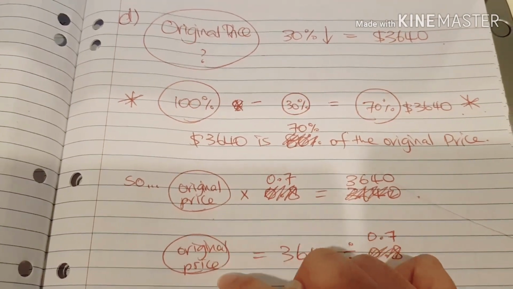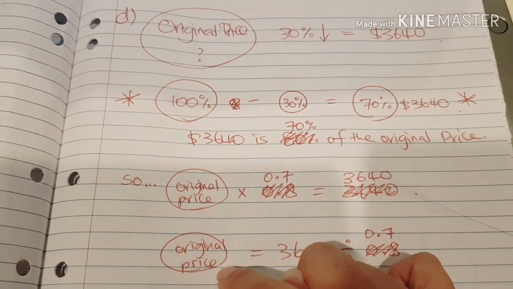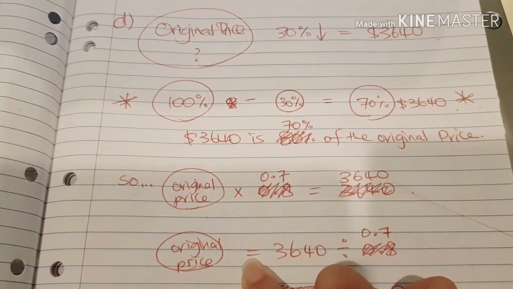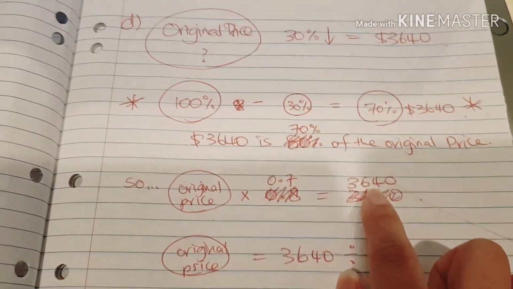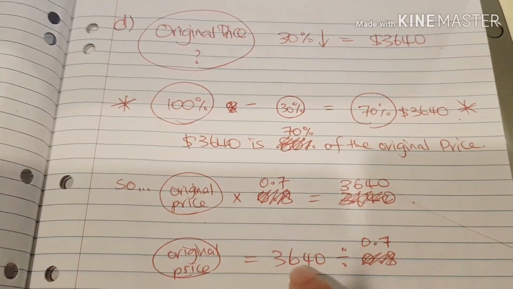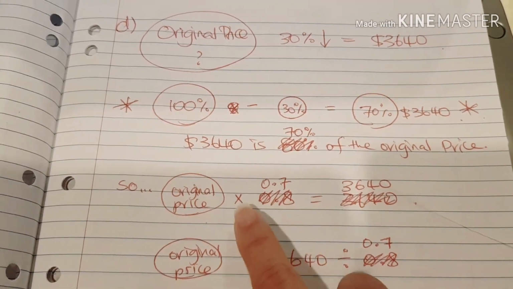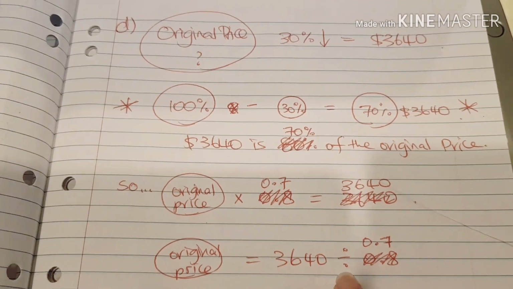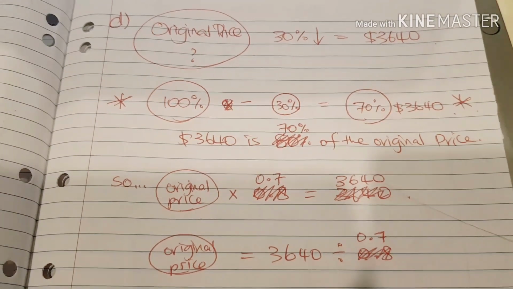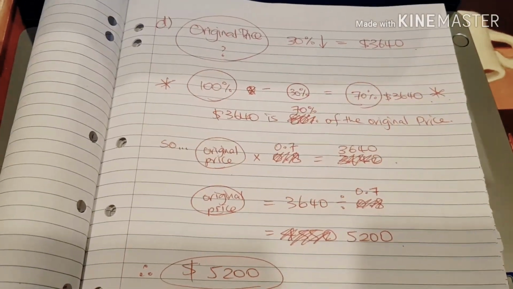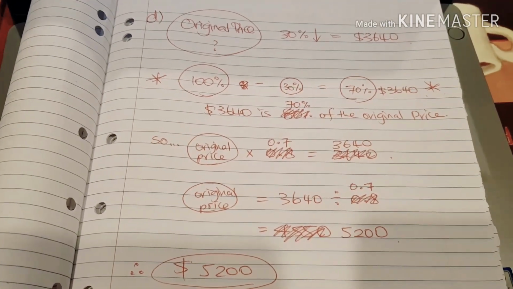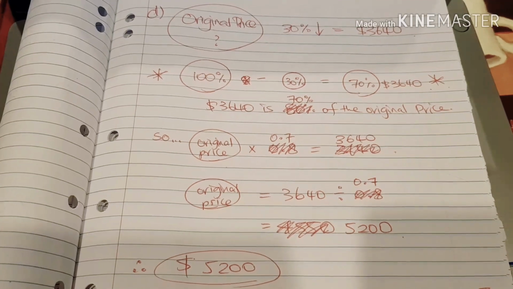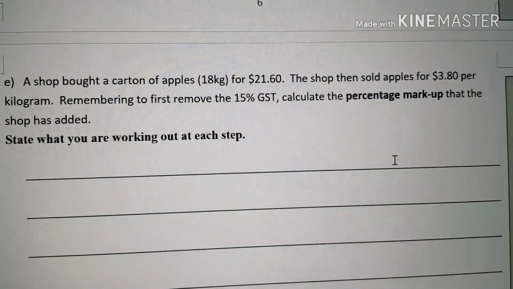I need to isolate the missing thing that we're trying to calculate. So I need to send this one away. What was originally on the right hand side, 3,640, convert it into division by 0.7, and there you go, 5,200 will be the original price before making any deductions.